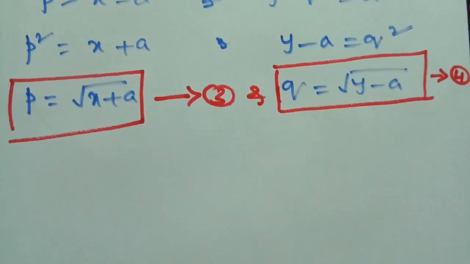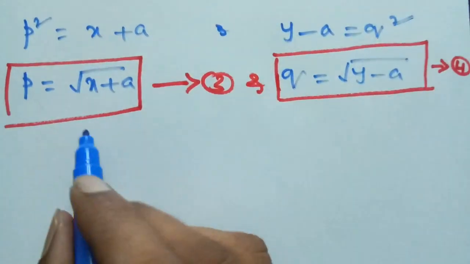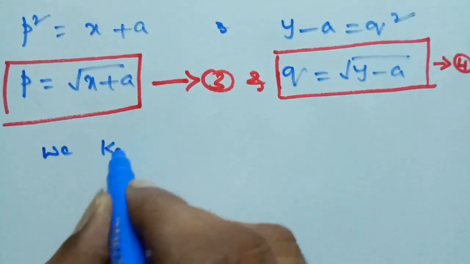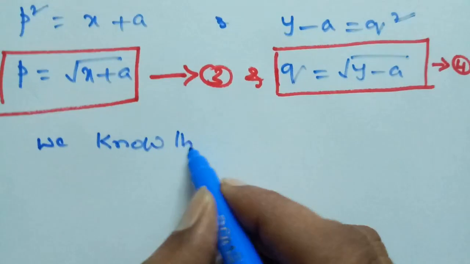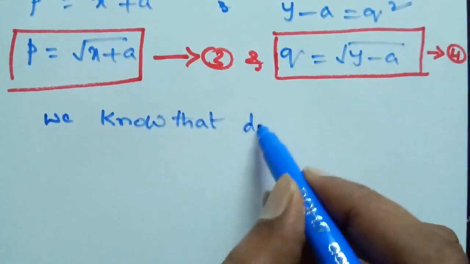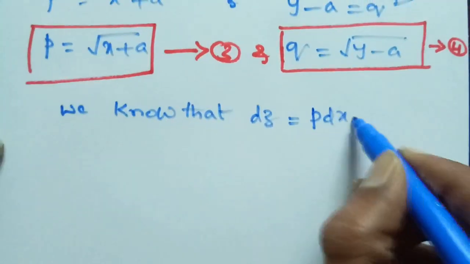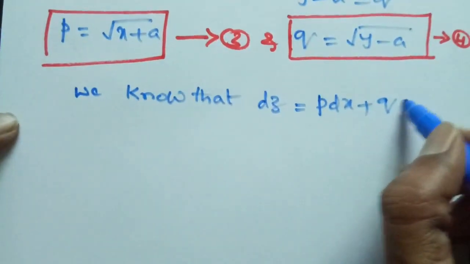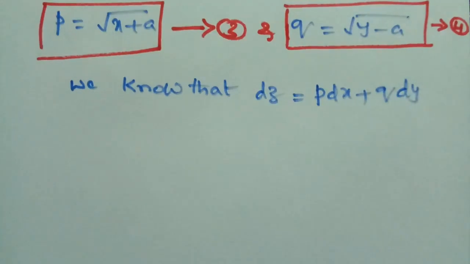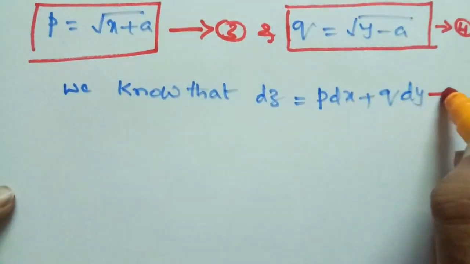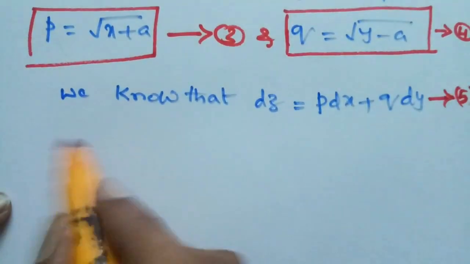Now we know that dz is equal to, as explained in the procedure, p into dx plus q into dy. Say this is equation number 5.